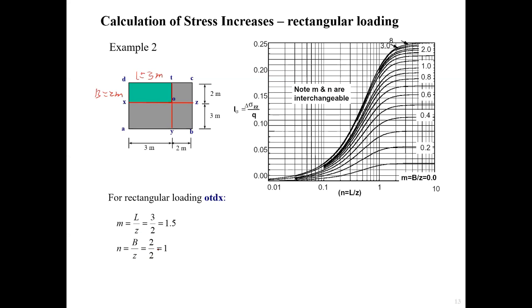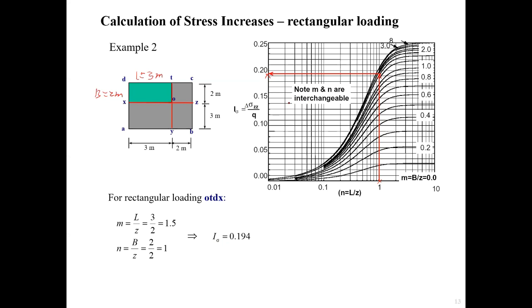Now from the chart, N equal to 1, we draw the vertical line, and M equal to 1.5, roughly between 1 and 2. So we take the value from the vertical axis, which is roughly 0.194.